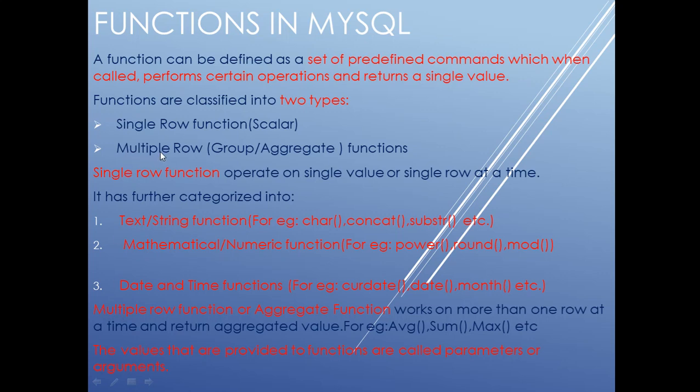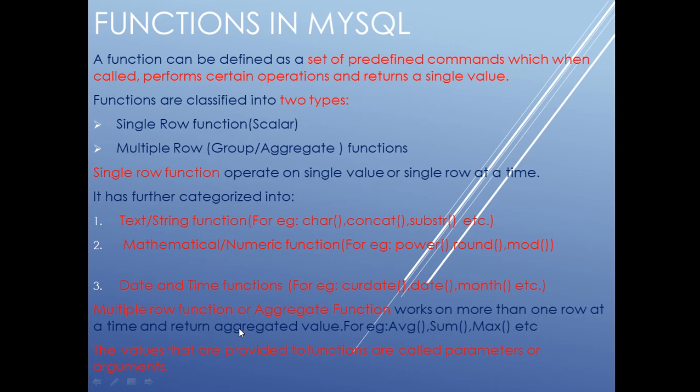The second category of MySQL functions is the multiple row function, also written here as group or aggregate function. A group or aggregate function, or multiple row function, works on more than one row at a time and returns an aggregate value.